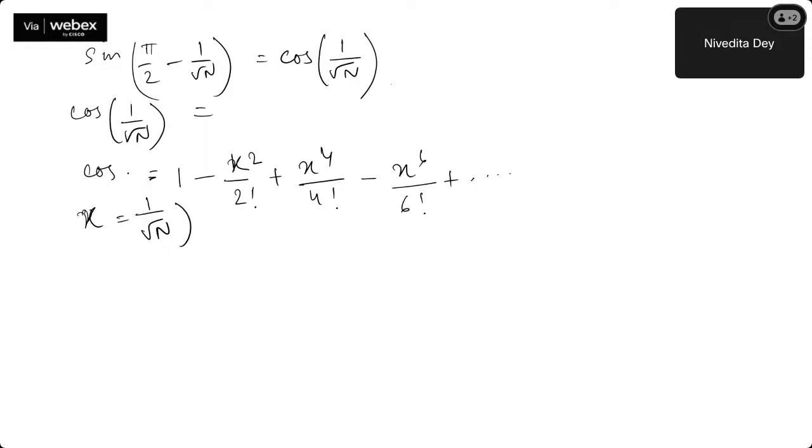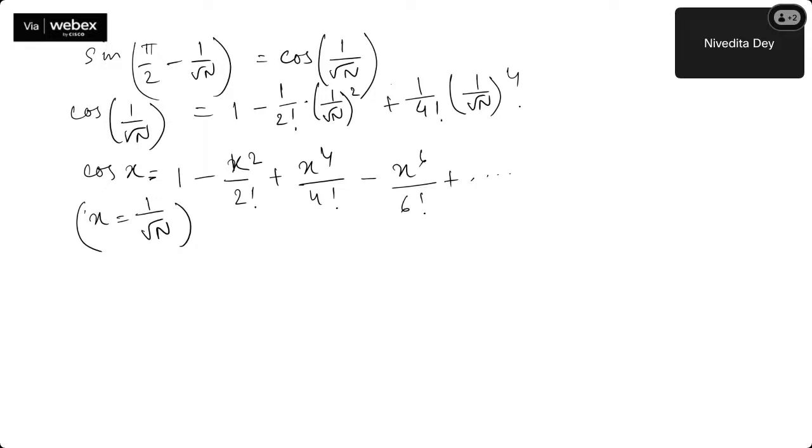So it will be 1 minus 1 by 2 factorial times (1 by root n) square plus 1 by 4 factorial times (1 by root n) to the power 4, likewise.